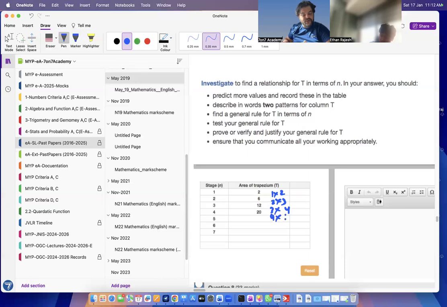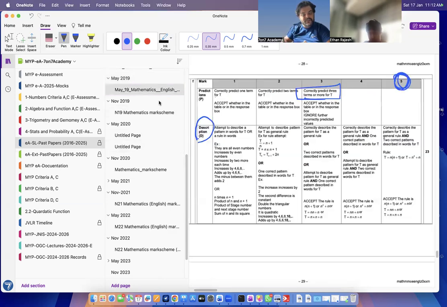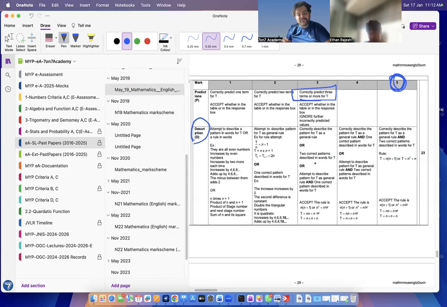Isn't this multiplication of 2 consecutive terms? This is n, and this is one more than that, n plus 1.